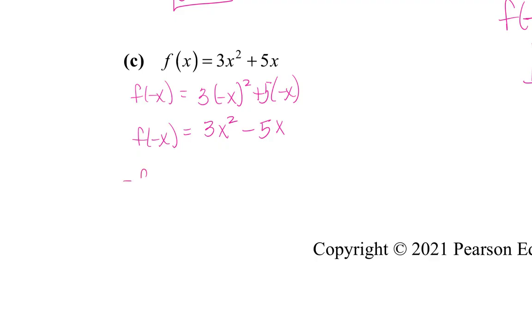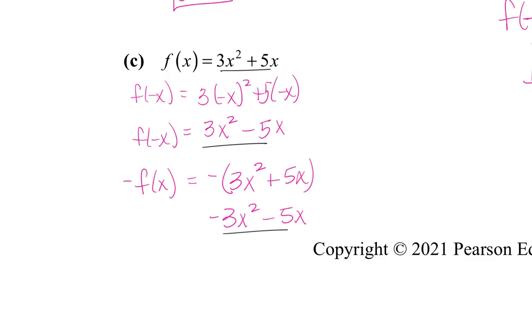And then if I put the negative out front just to test, we get negative 3x squared minus 5x. So I see that this is not the same as this. This is not the same as this. So this is neither. It is neither odd nor even.